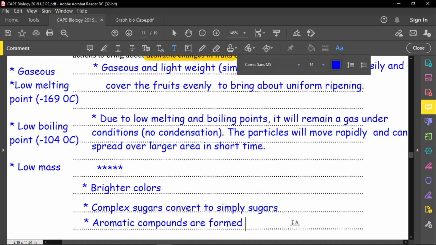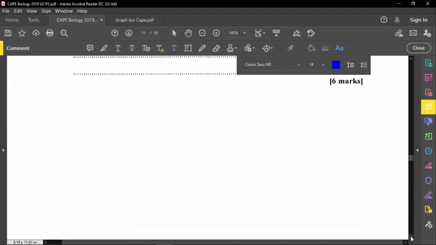Instead of having the sour, unpleasant, dull colors, they'll be bright, sweeter, and better smelling. Okay, so those would be the points that I will put there in terms of answering this question.